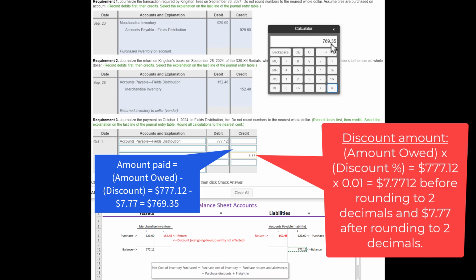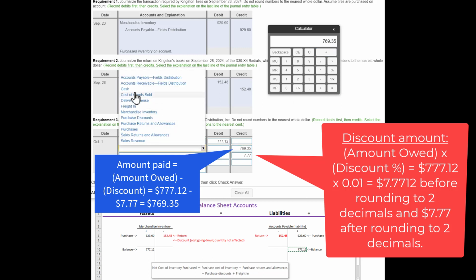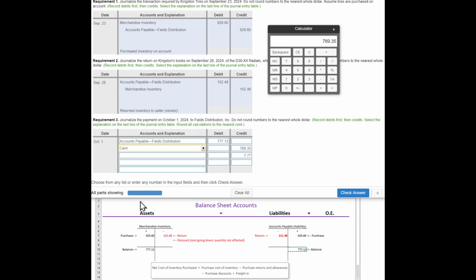So we're going to pay $769.35. So that's cash going down. Of course, cash is an asset, and assets go down on the right side. Now, this transaction does not balance. The balancing amount happens to be the discount.